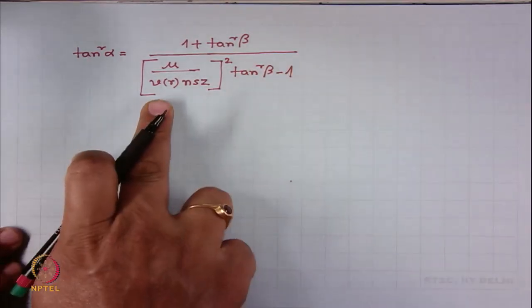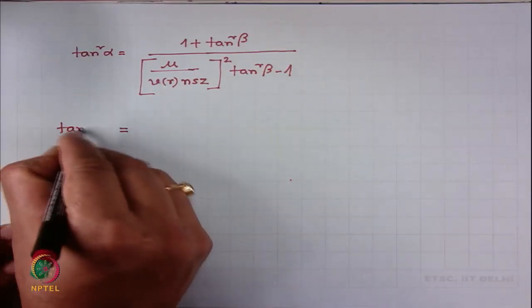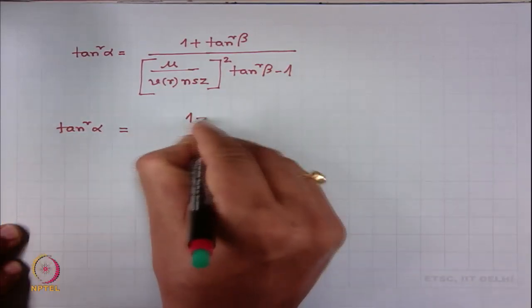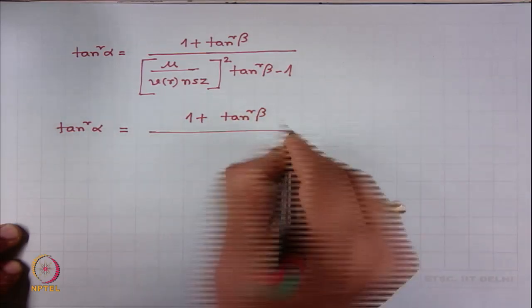We substitute nu r by 2 by p. So, 1 plus tan square beta is 2 by p.